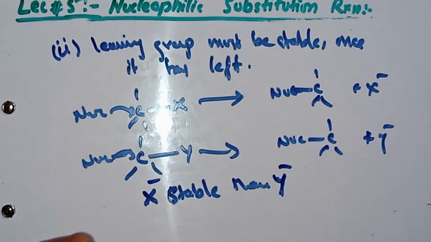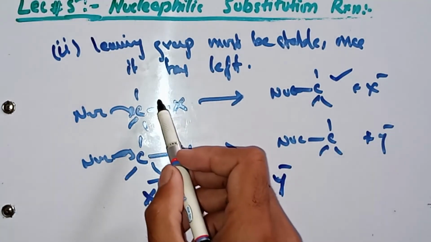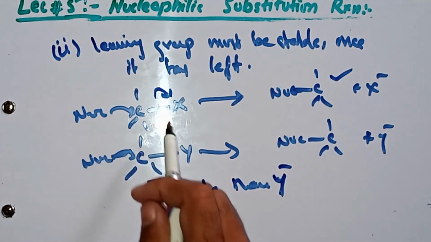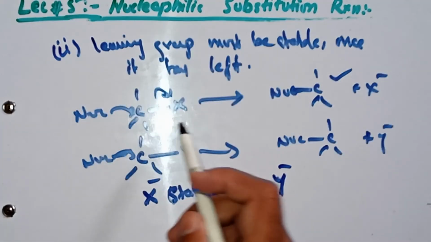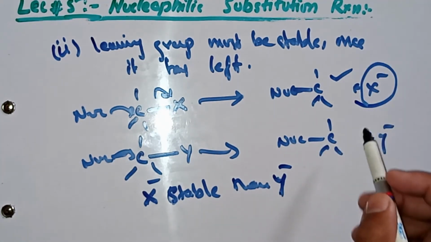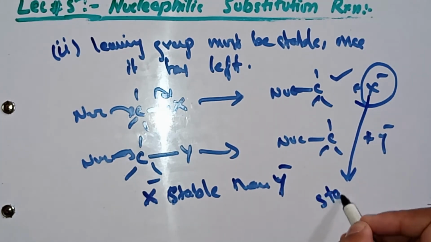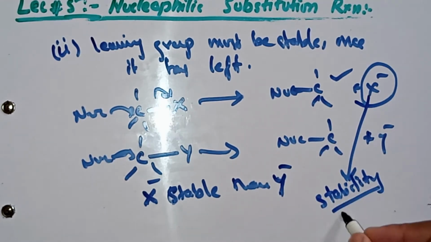So which reaction will be favored? The first reaction will be mostly favored, because as the nucleophile attacks the central atom on the substrate, the leaving group leaves. If the leaving group is stable, it shows less reactivity; stability means less reactivity.